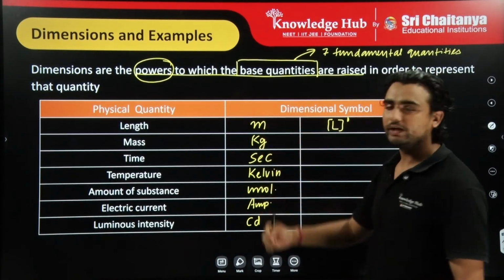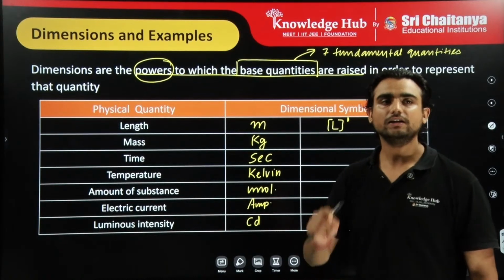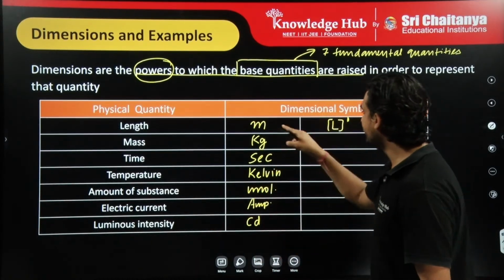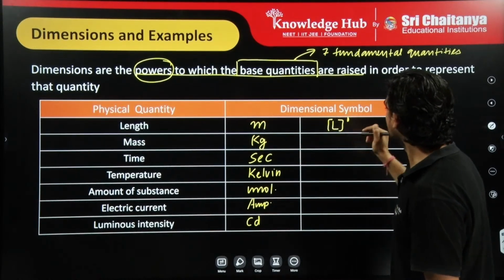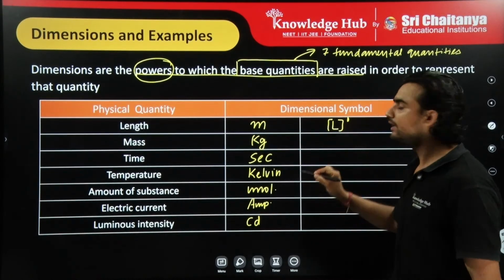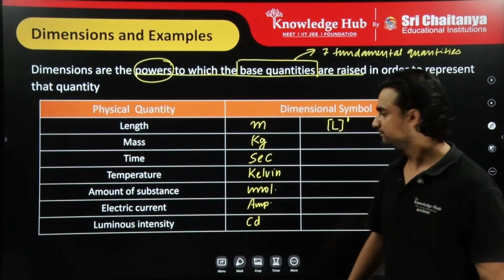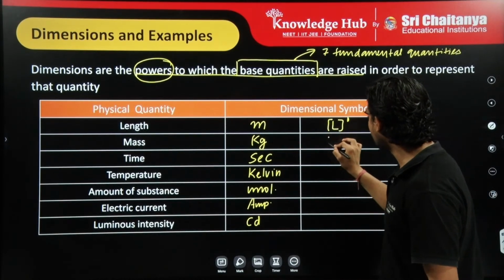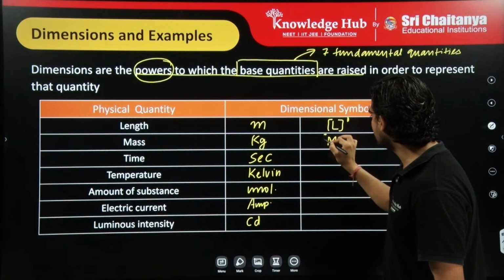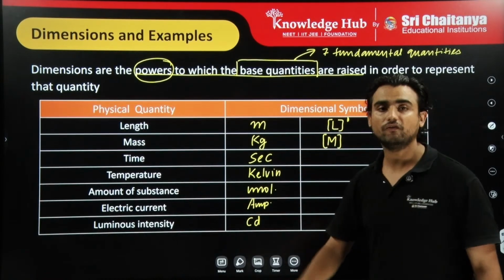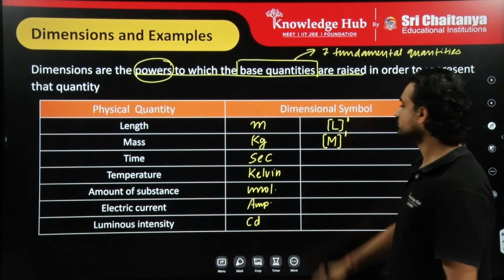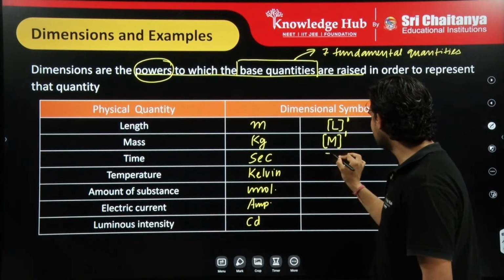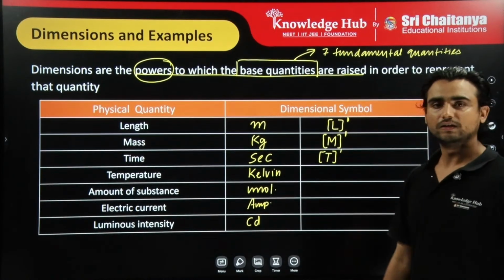Now if there was meter square, for meter I will write L, and for square I will raise it to 2. So this L is my base quantity, and this one is my power. For kg I will write M, because mass is represented as M, so M raised to 1. Second is time, represented as T raised to 1.